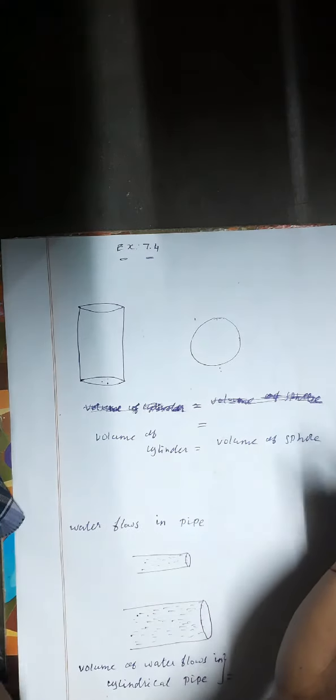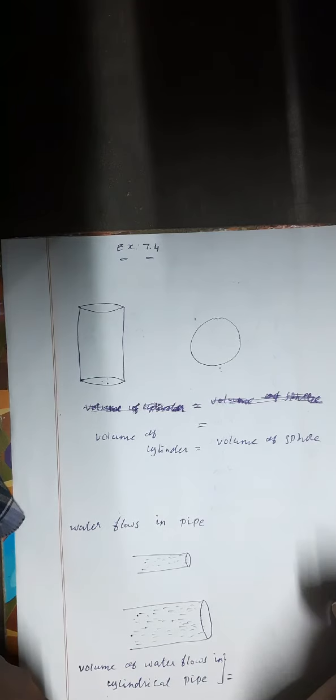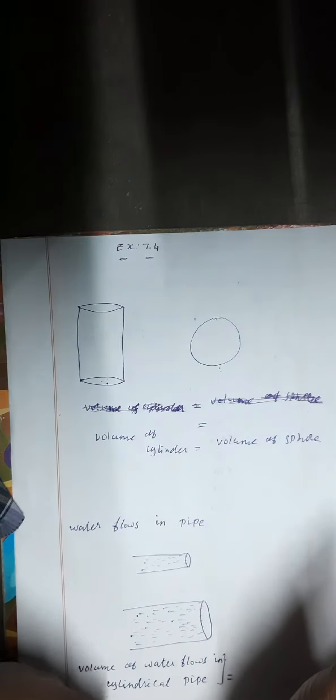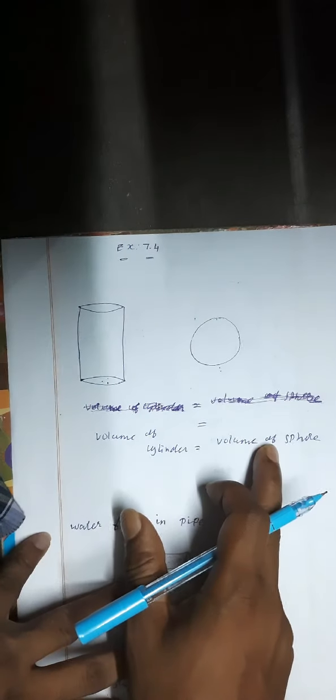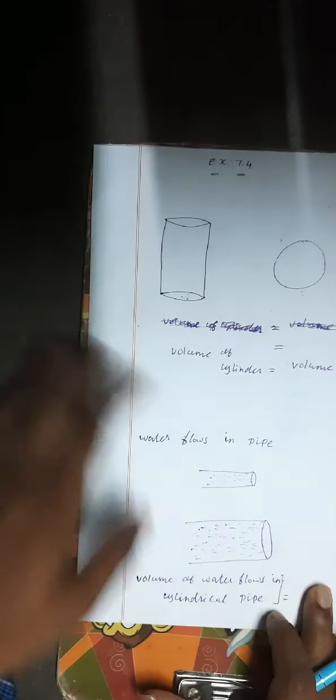Like that we can change one shape to another one. Here the volume of the shapes are equal, and we want to find the volume of the shape. So here I can take volume of cylinder is equal to volume of sphere. Okay, then go for the second one.